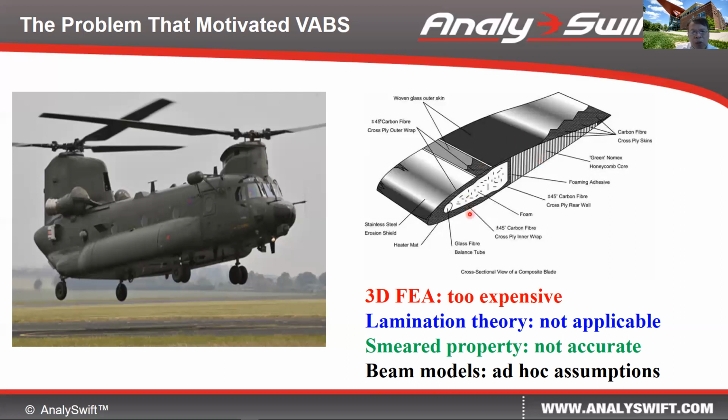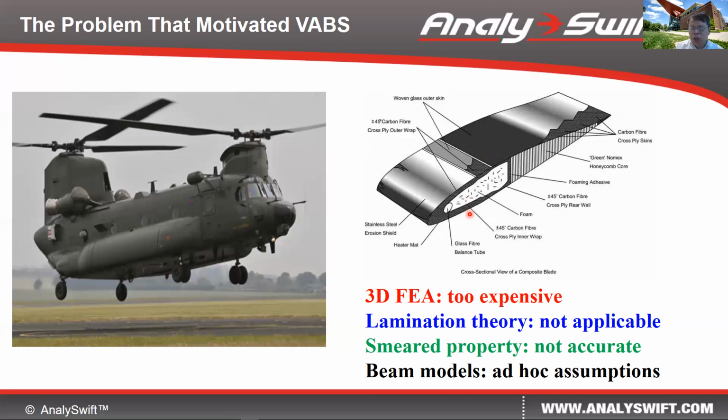Usually what people do is use a smeared property approach to simplify a stack or laminate to be a homogeneous material. It's kind of like the black aluminum approach. It's not accurate, although it can solve the efficiency problem.